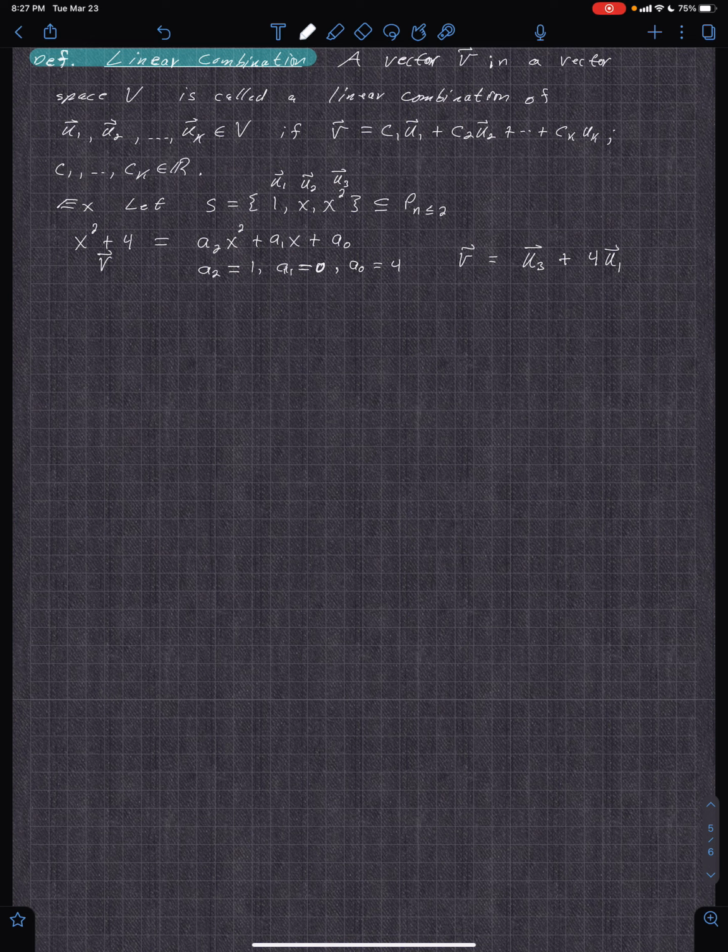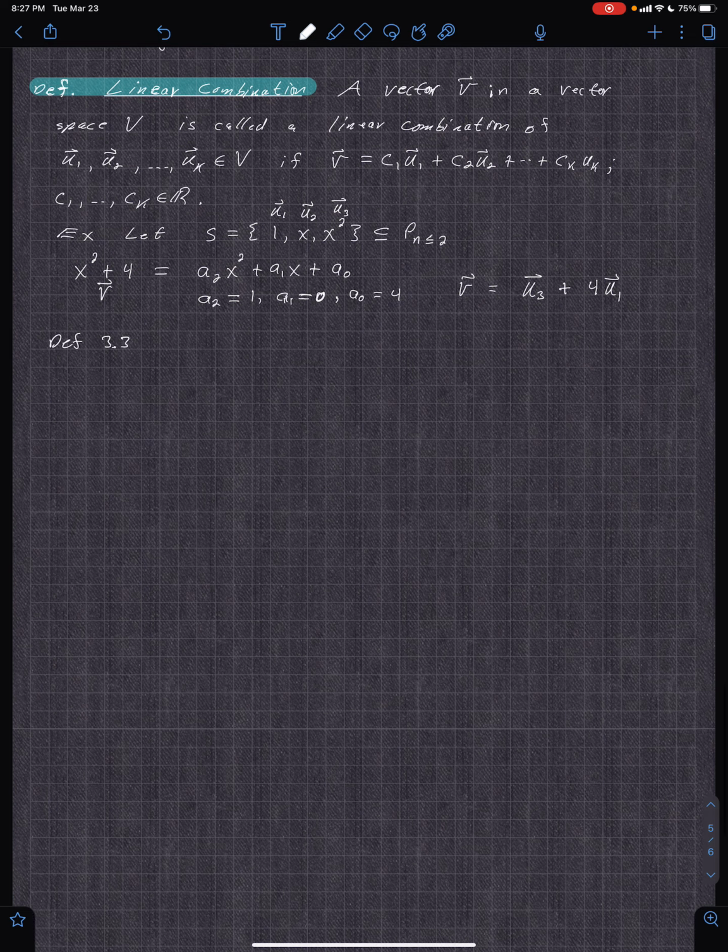So next, let's talk about spanning sets. This is definition 3.3, spanning sets.